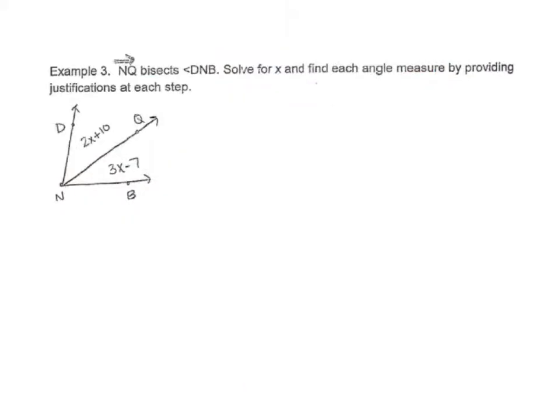Okay, similar to the last one, this time we have a picture. NQ bisects angle DNB. Solve for x and find each angle measure by providing justifications at each step.